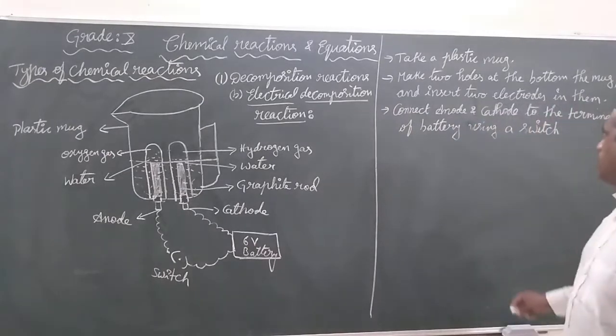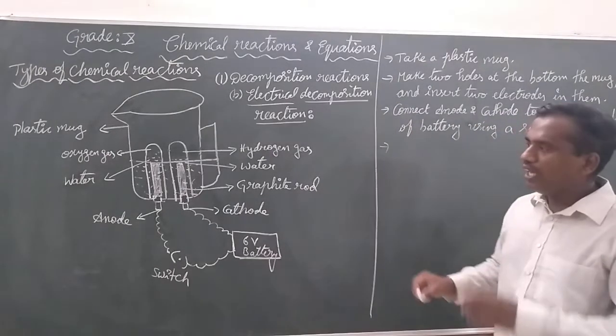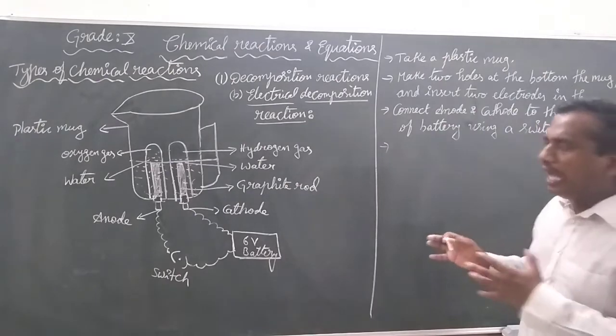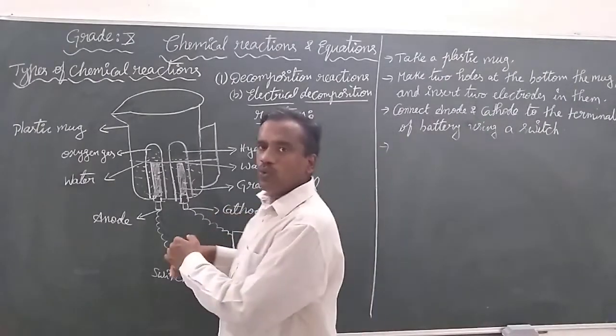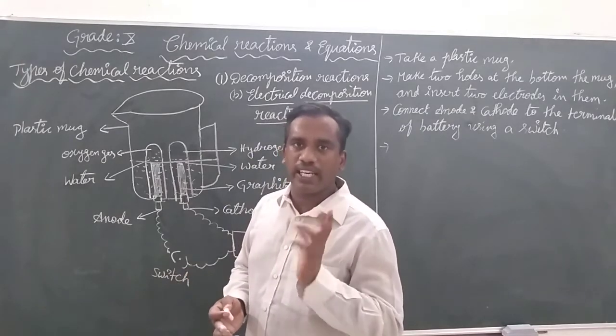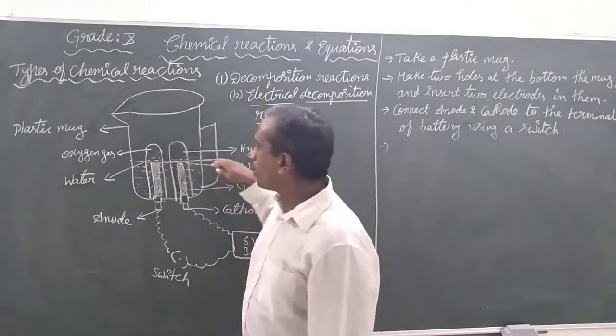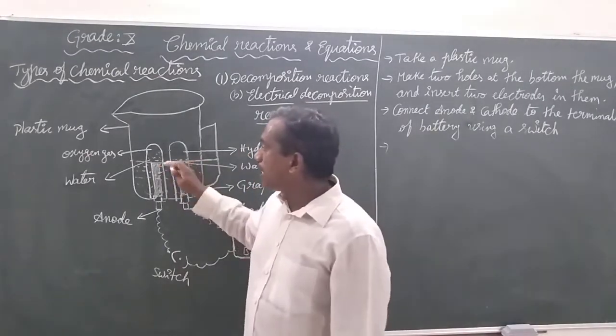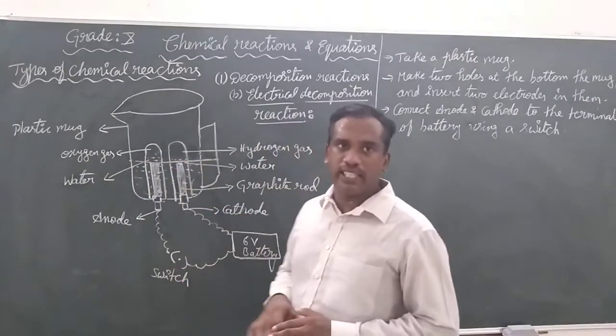Then you take the content we need to add. We are not adding much, we are adding a very simple content, that is water, up to half, such that the electrodes will be immersed in it.